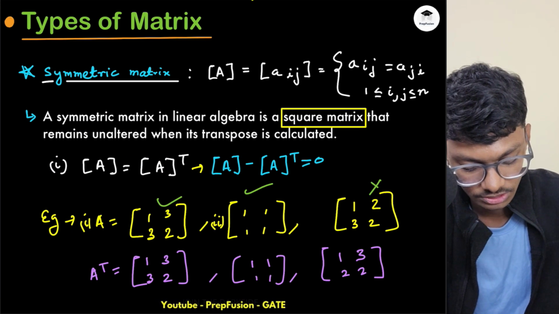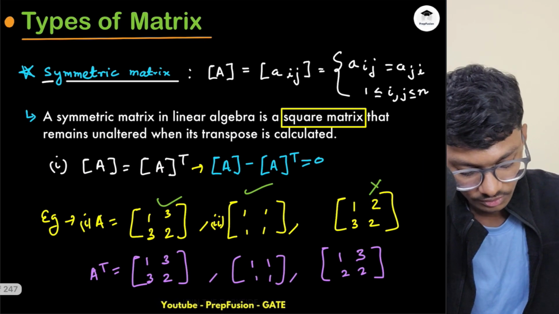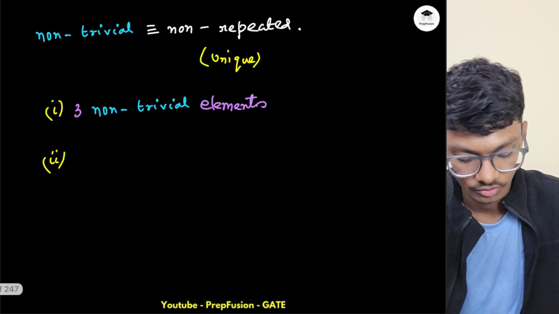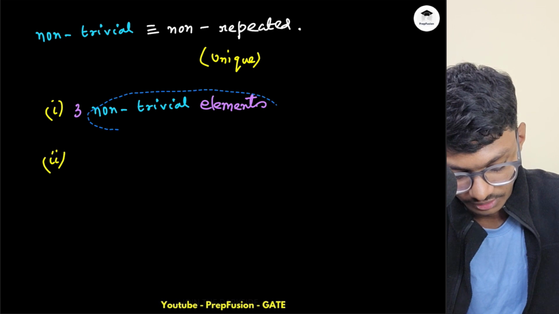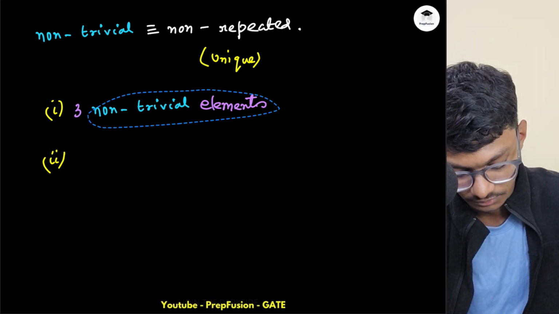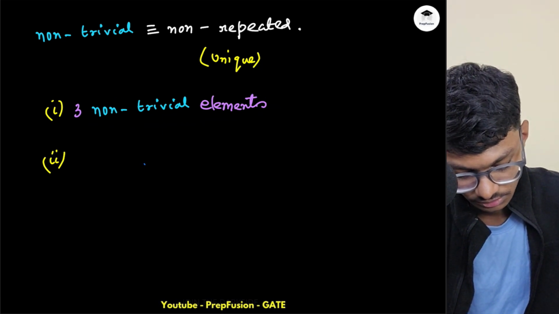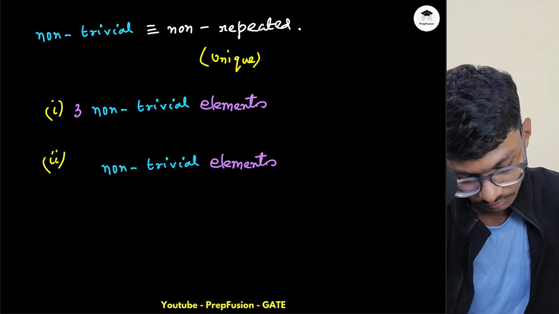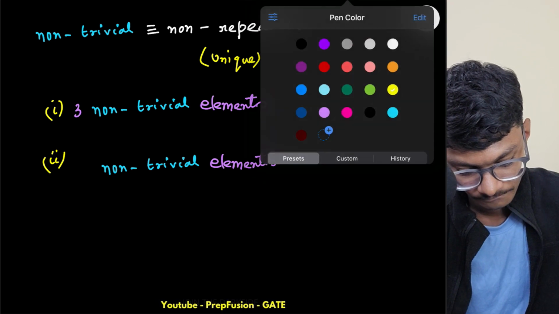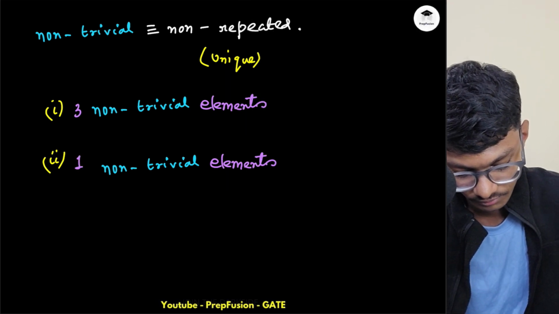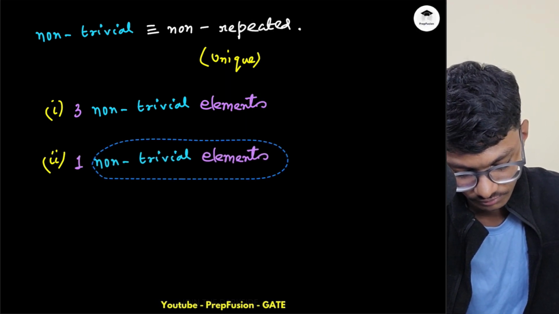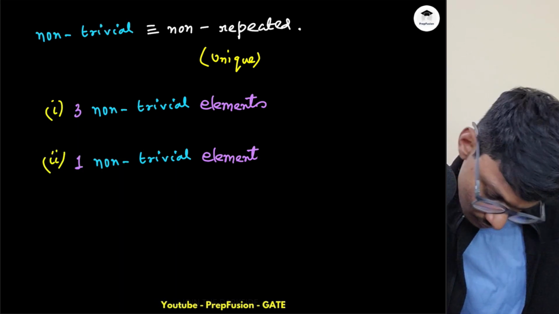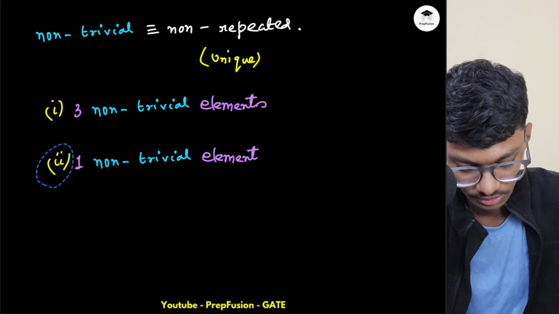I have only one, because how many unique elements do I have? Only one, because it's always repeating one. So obviously I have only one non-trivial element.